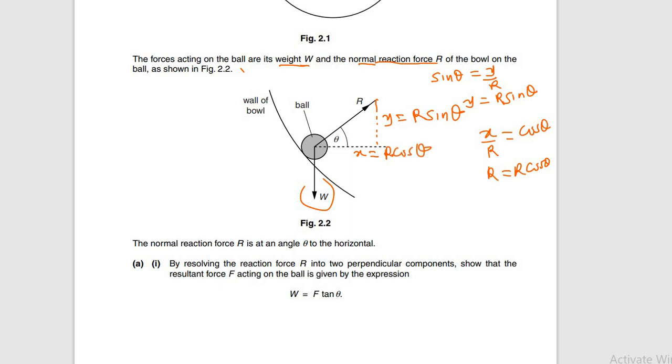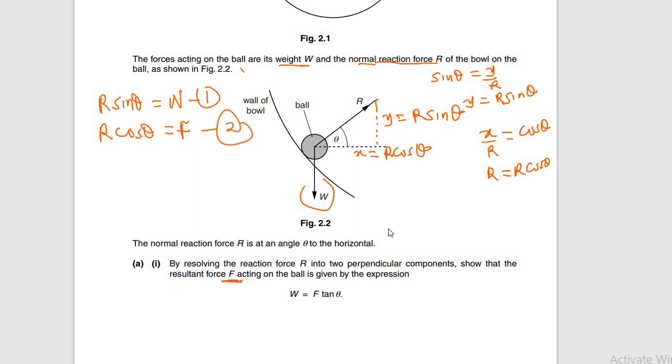By resolving the two perpendicular components, we are to show that the resultant force F is given by the expression. R sine theta, the vertical force, is always equal to the downward force after resolving. So R sine theta equals weight, equation 1, and R cos theta equals centripetal force F, equation 2.